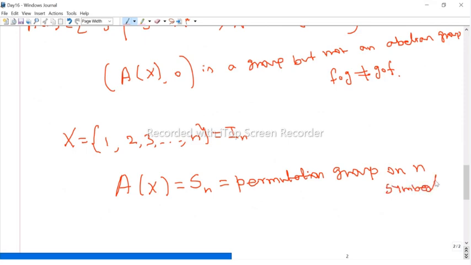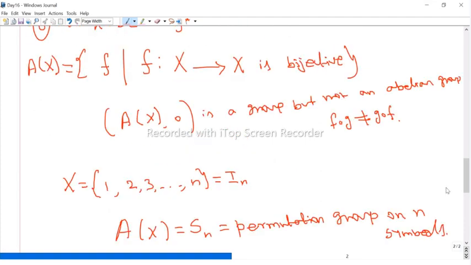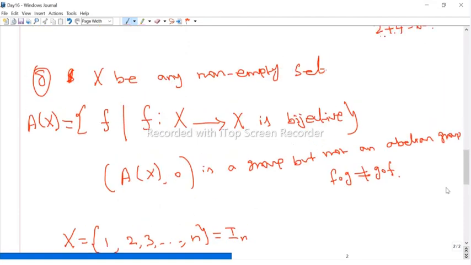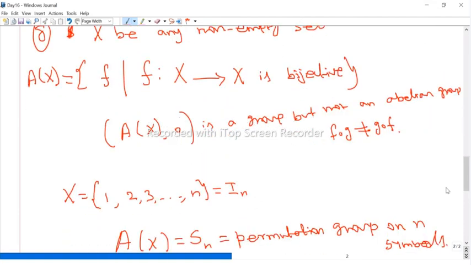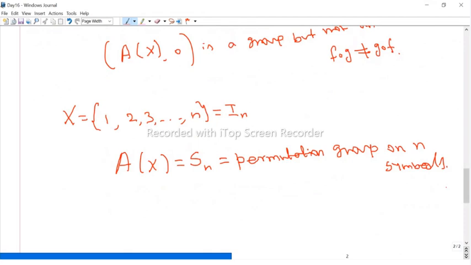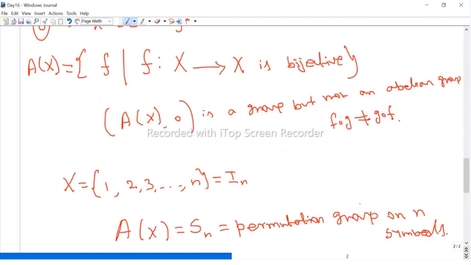Again, it's the set of all bijective functions, but from the finite set of 1 to n elements to 1 to n elements. If we take any general set, we call it A of X. If you take Sn, it is the set of all bijective functions from n elements to n elements, and this is actually called the symmetric group. This general A of X is called the symmetric group.